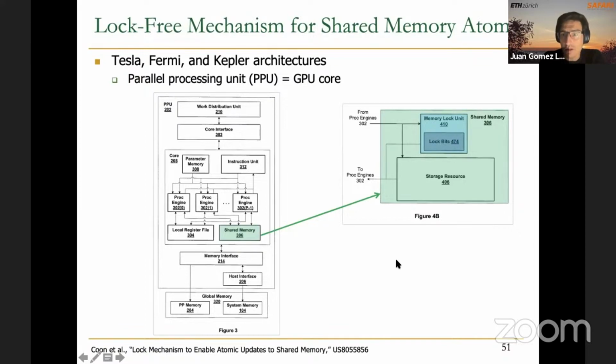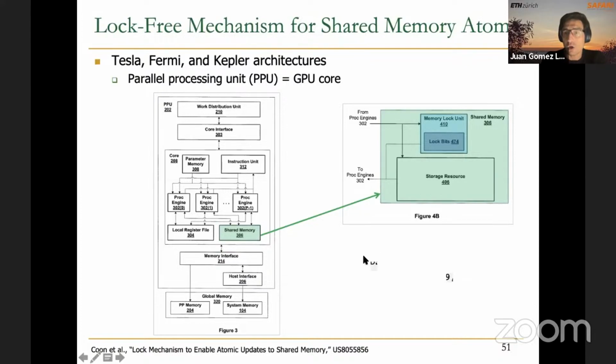So these lock bits are going to be accessed by this load and lock operation, for each individual thread to try to lock one shared memory location and have exclusive access to it.